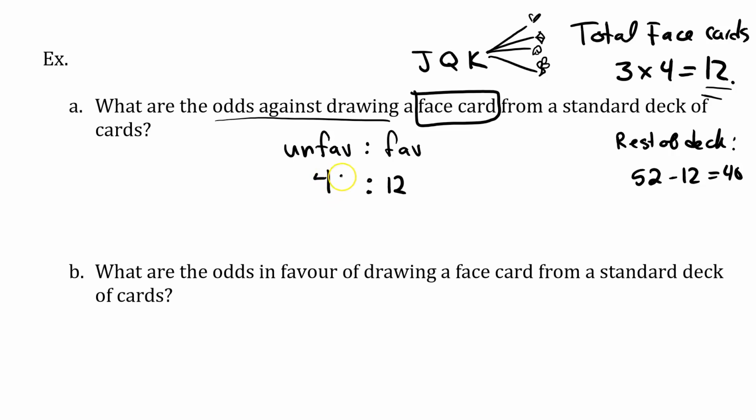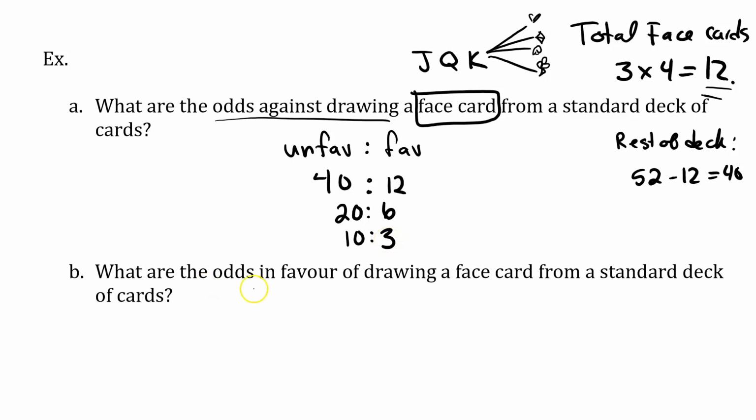So we're going to say 40 to 12. Now, ratios work exactly like fractions. We can reduce them to lowest terms, so let's do that. Divide by 2, that's 20 to 6. They're both even, so I can divide by 2 again. So 10 to 3.